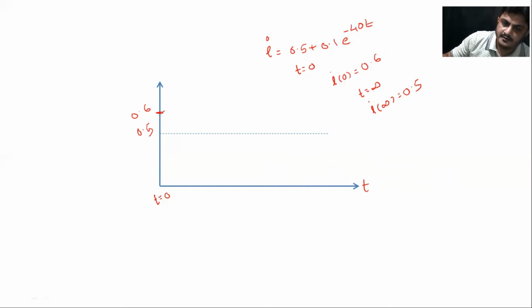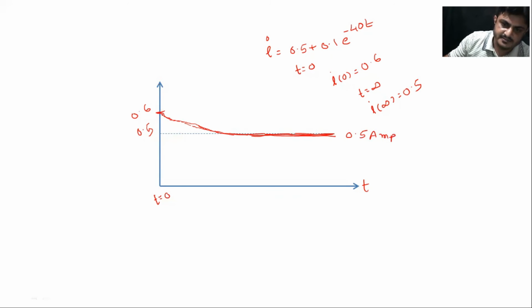If I plot this, I will get this type of curve, and finally it will reach 0.5. This is my plot of the inductor current, and finally it will reach a steady state value equal to 0.5 ampere.